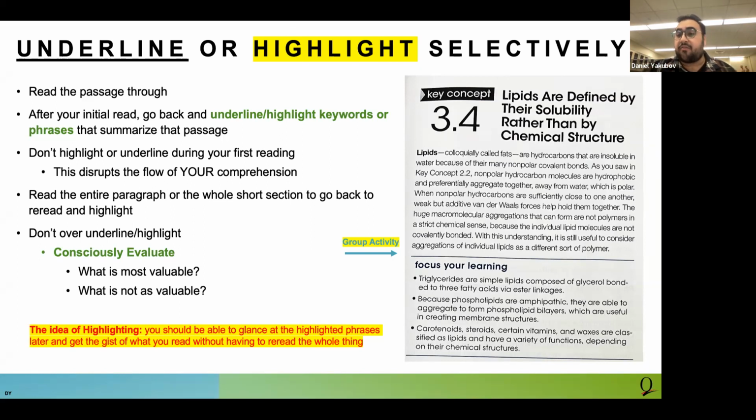So let's start off with the first sentence together. Lipids, colloquially called fats, are hydrocarbons that are insoluble in water because of their many non-polar covalent bonds, okay? So from that one sentence, what do you think you can highlight here? And again, they have to relate to solubility and chemical structure.